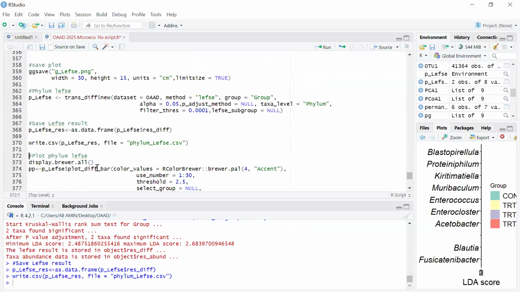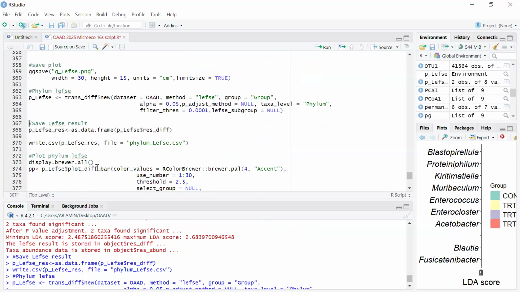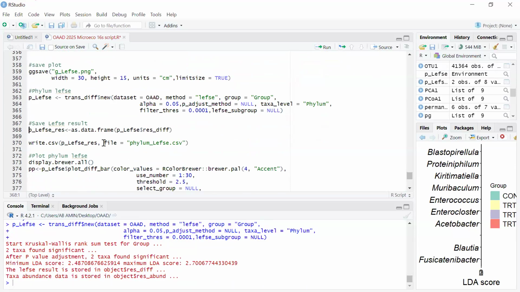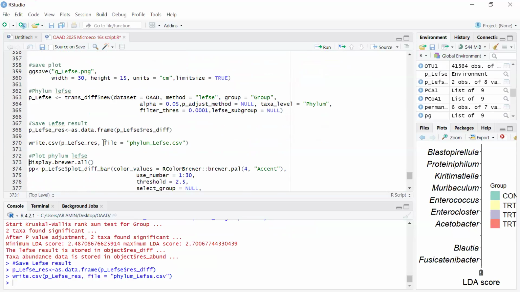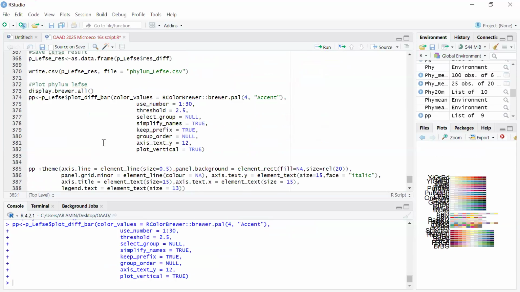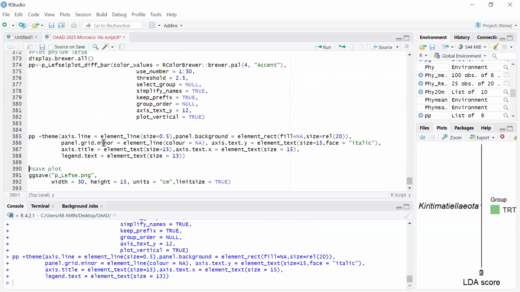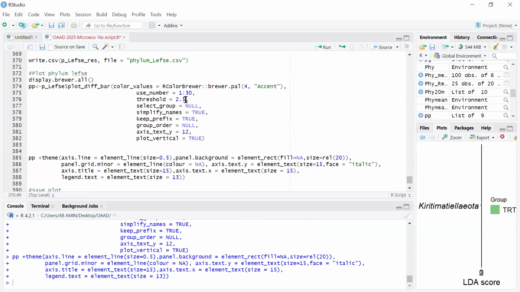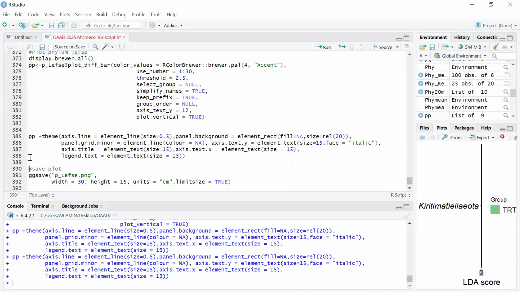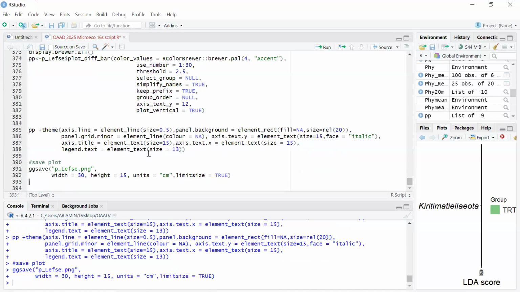So this is to plot phylum LEfSe. I use 2.5 as threshold, the same one I used for the genus, and only one phylum was identified out of the 2, because one is less than 2.4.